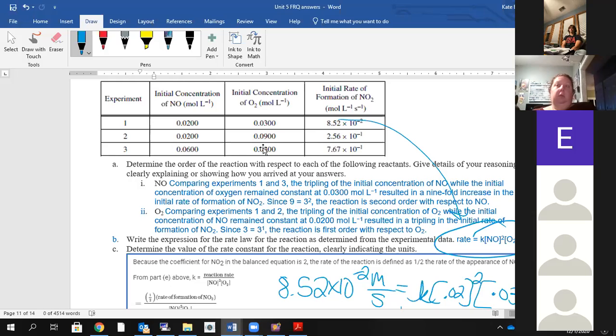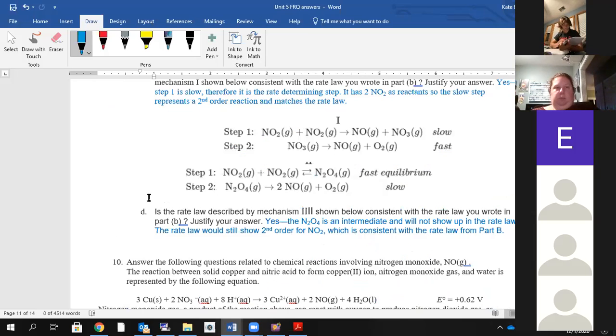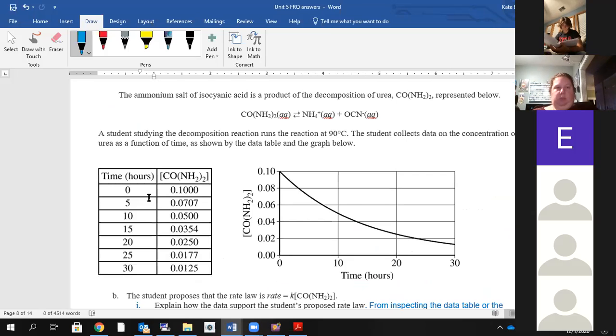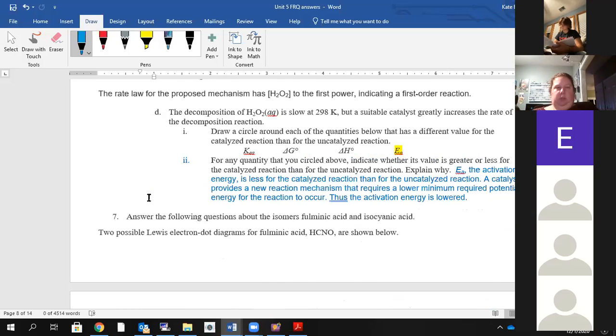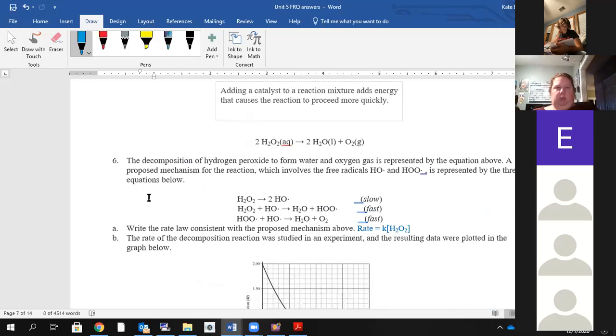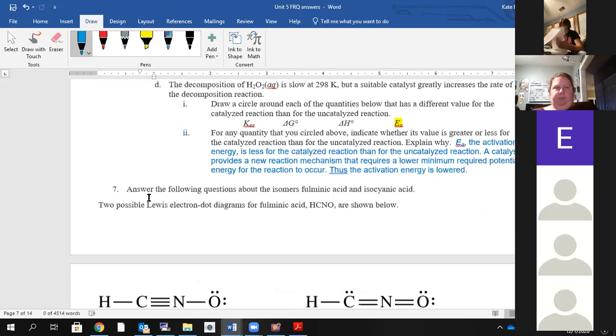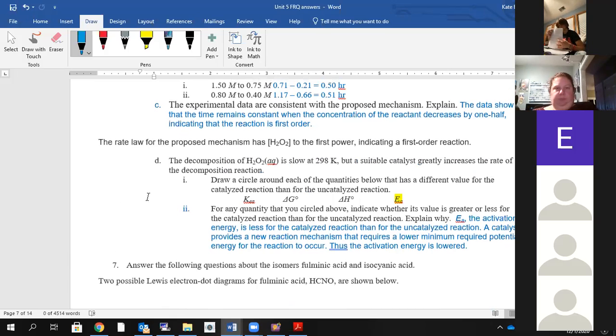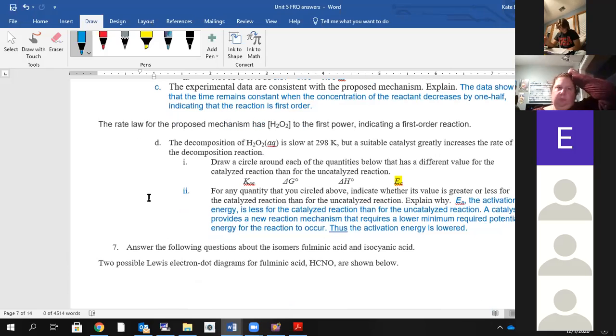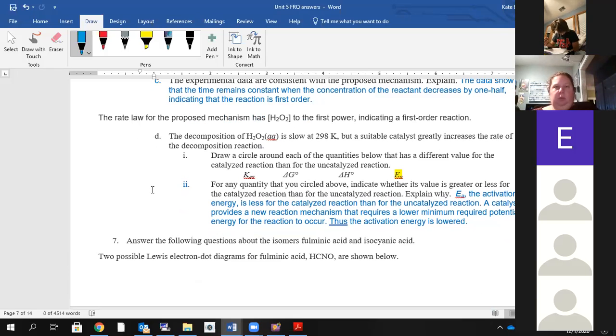Can you do number 6, part E? Okay, so here's 6. Are you okay with the activation energy part?